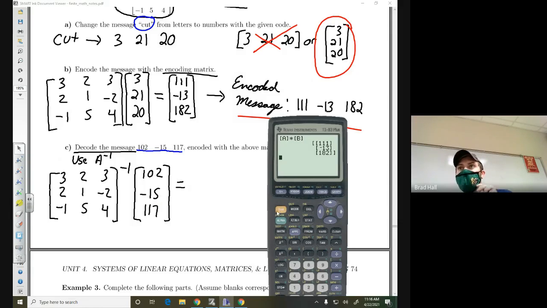And now when we apply all of this in the calculator at once, we already have matrix A, but we have to click the inverse button. That will decode the message. Notice that little -1 symbol next to it. That decodes the message times matrix B. So we get 8, 9, and 20.